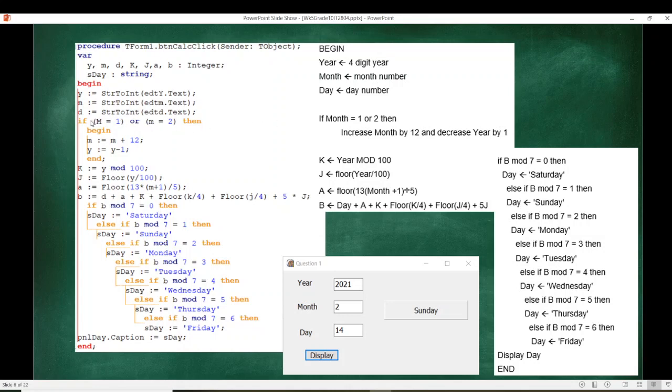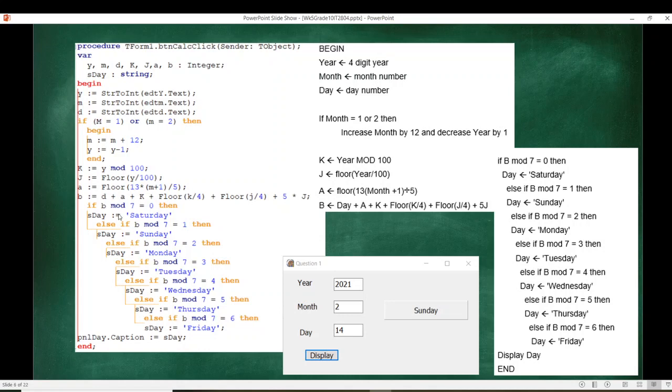So here my if statement had to say: if M equals 1 or M equals 2, then M gets the value of M plus 12, increase the month by 12, and Y gets the value of Y minus 1. In other words, subtract 1 from the year. So this section of code executes this part of the algorithm.